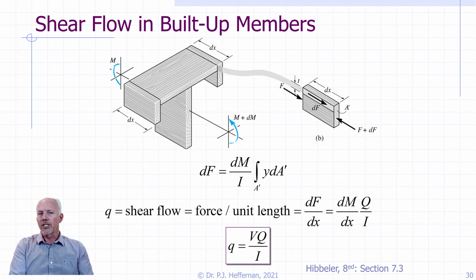That is that relationship from the shear force bending moment diagrams we talked about, where the slope of the bending moment, or the change in the bending moment, is equal to the shear force. And so we can replace dM by dx with V, and we get shear flow, force per unit length, is equal to our shear force multiplied by our Q, all divided by I.